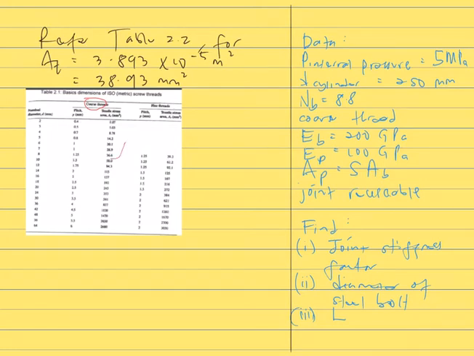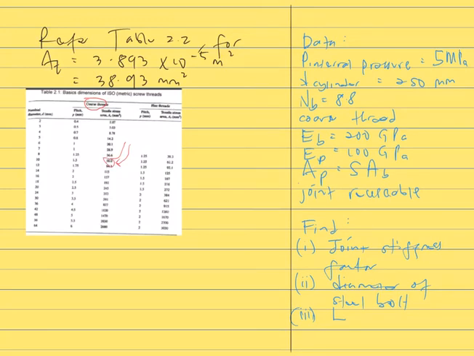From table 2.1, under the coarse pitch column, our value for At is 38.93, which is somewhere in the middle. So we cannot take At equal to 36.6 because 36.6 is smaller than 38.93. So we need to take a higher one, which is 58.0.